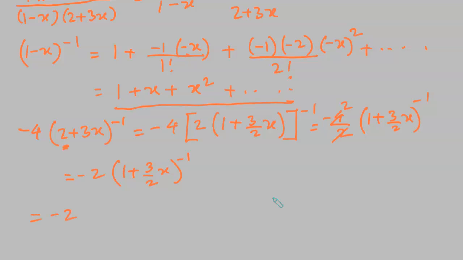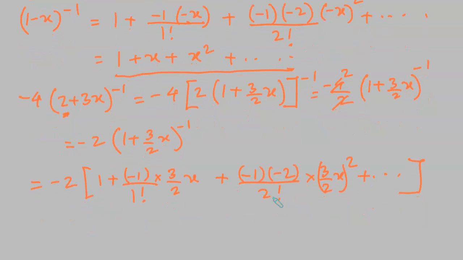It is negative 2 and the first term will be equal to 1 plus negative 1 over 1 factorial times 3 over 2x plus negative 1 negative 2 over 2 factorial times 3 over 2x whole square plus dot dot dot. It is an infinite series.